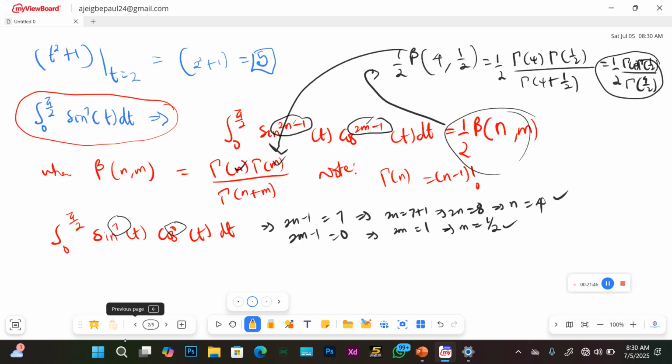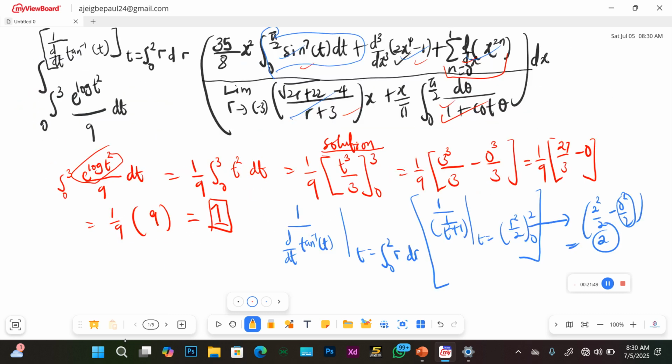That is the integral from 0 of another integral, the lower limit is another integral: 0 to 3 of e raised to the power of log t squared over 9 dt.